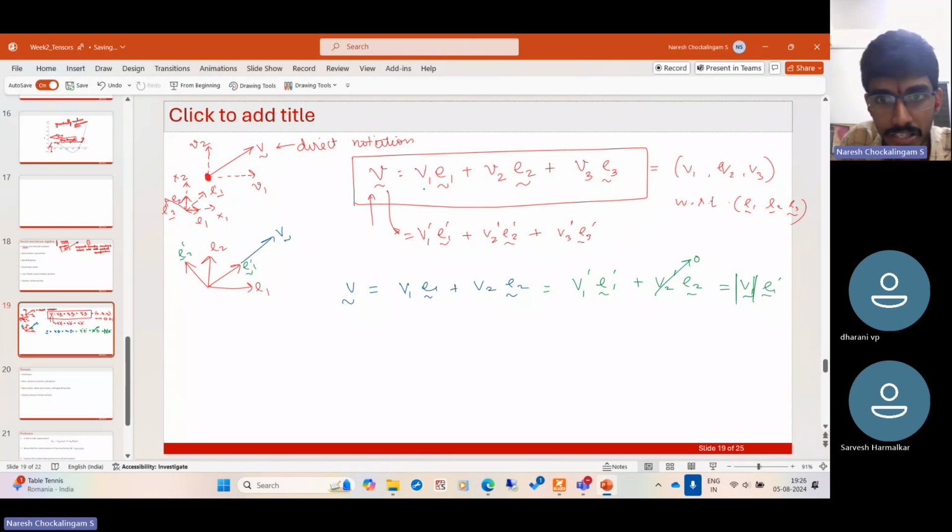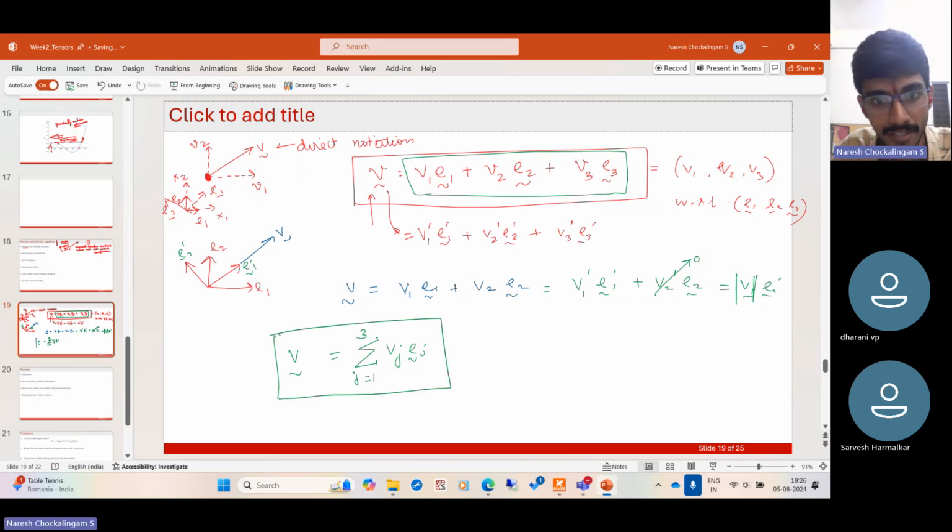Now, this is a summation of several components. You can write it as the summation of Vj Ej, where Ej are the basis vectors, Vj are the components, and this summation goes from j equal to 1 to 3. But later, in the early part of the 20th century, Einstein came up with a convention that is more concise.